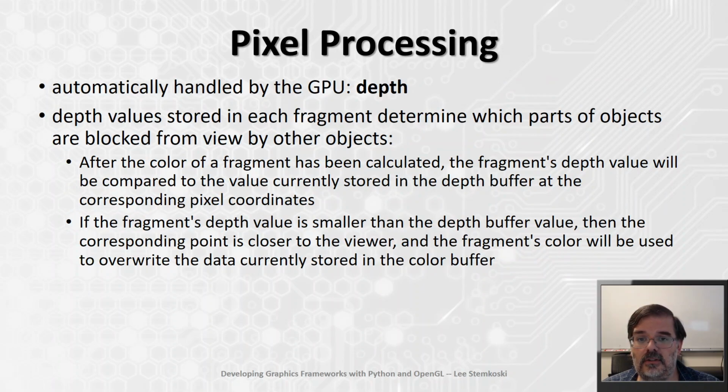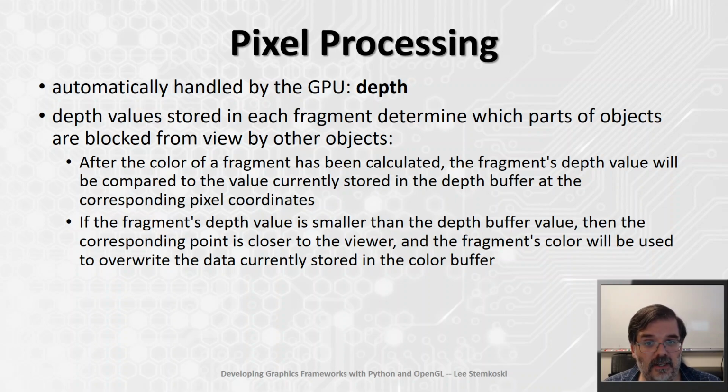There are some parts during pixel processing which are automatically handled. One of those calculations involves depth. The depth values stored in each fragment are used to resolve visibility issues in a three-dimensional scene. They help you determine which parts are blocked from view by other objects. So after the color of a fragment has been calculated, the fragment's depth value is compared to whatever value is currently stored in the depth buffer, the corresponding pixel.